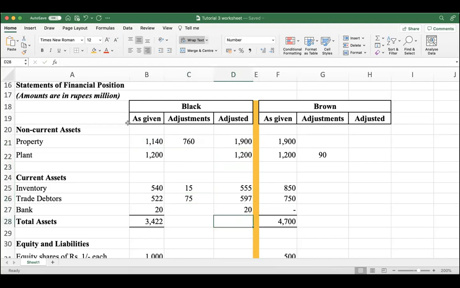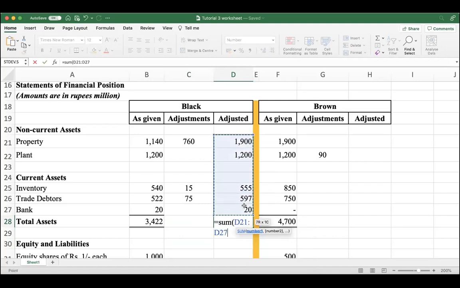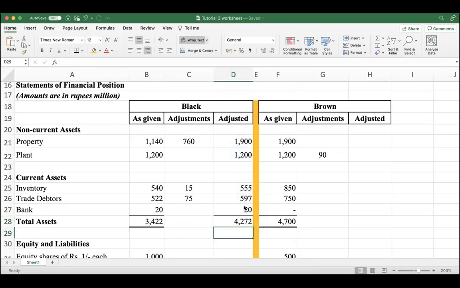Bank balance, there's no change. Then you can calculate total assets.